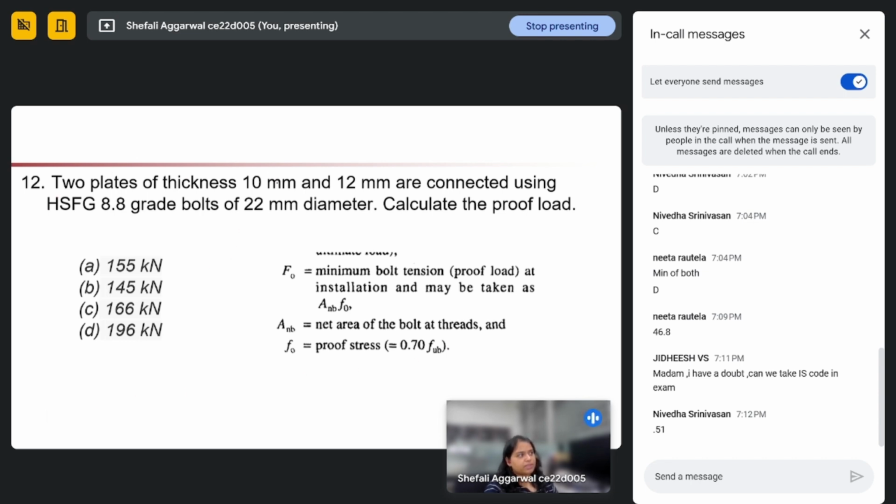Two plates of thickness 10 mm and 12 mm are connected using HSFG 8.8 grade bolts of 22 mm diameter. Calculate the proof load. This is given in clause 10.4.3. And proof load is given by anb into f naught. And anb is the net area of bolt at thread, and proof stress is given by 0.7 of fub. Okay, you can try the solution.